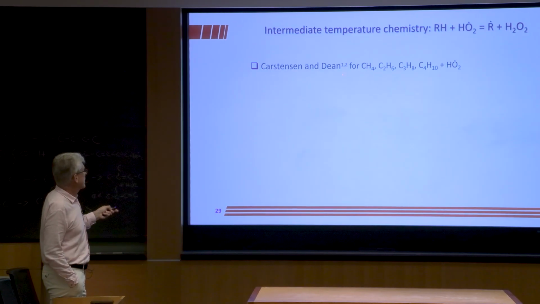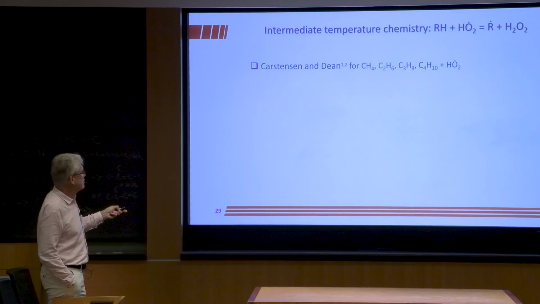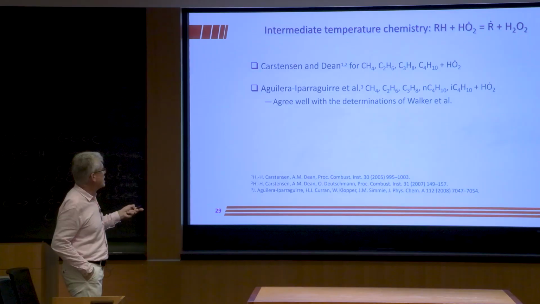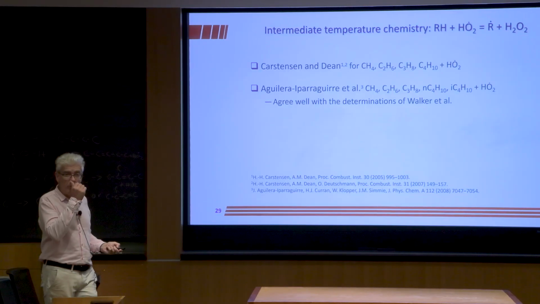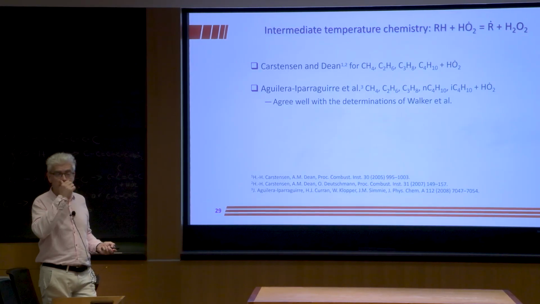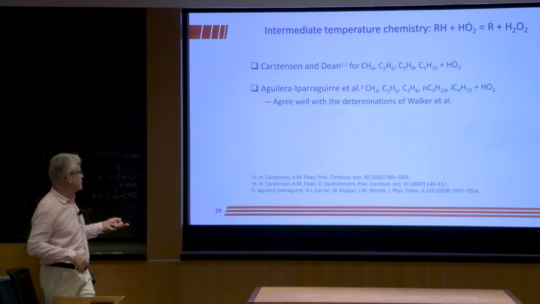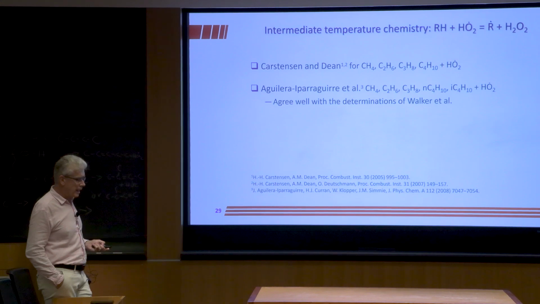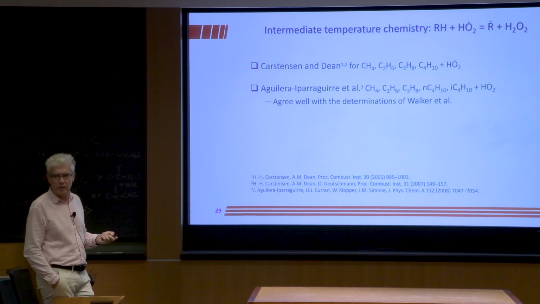So Carstensen and Dean looked at methane, ethane, propane, and butane plus HO2. And then because of their importance, one time I actually went and worked with Wim Klopper's group at Karlsruhe Institute of Technology in Germany. That was maybe 10 or 15 years ago.